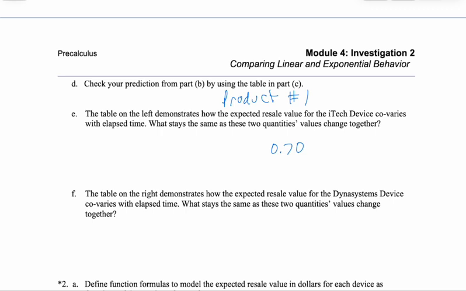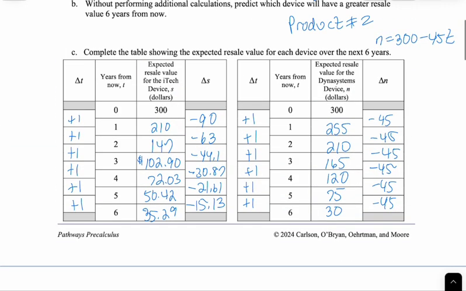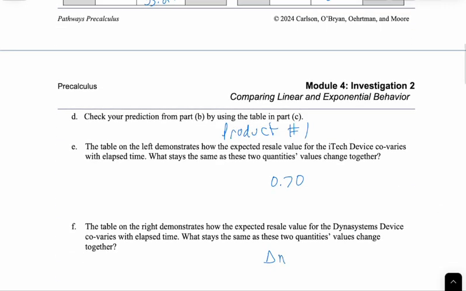What stays the same as these two quantities' values change together? That would be their delta. Delta N over delta T was constant. And that happens for a linear equation. In the other one, we have that change, but it is decreasing, which is important.